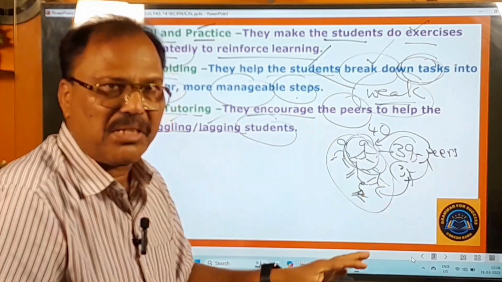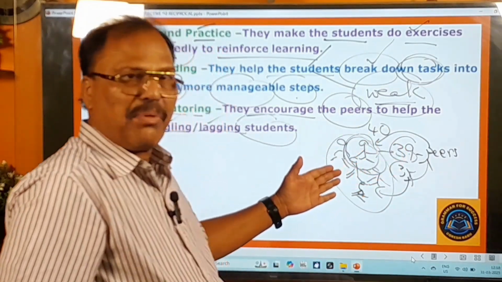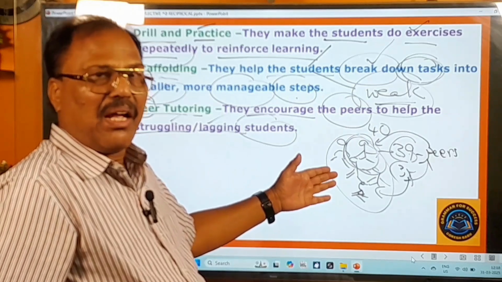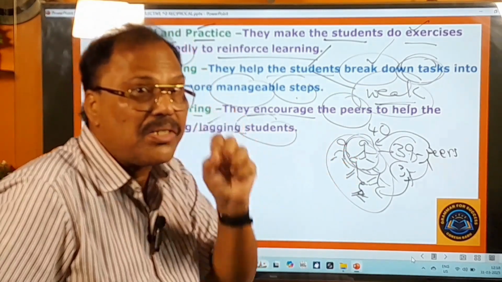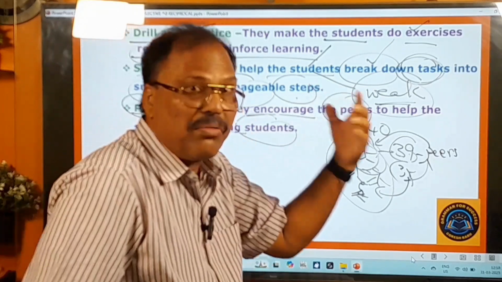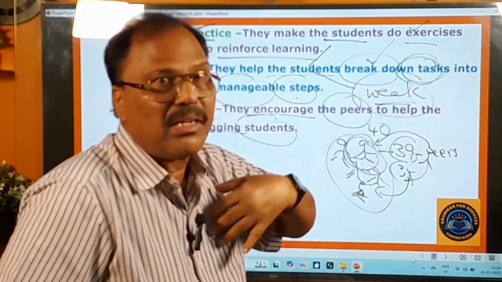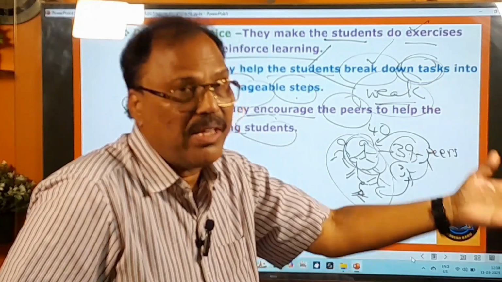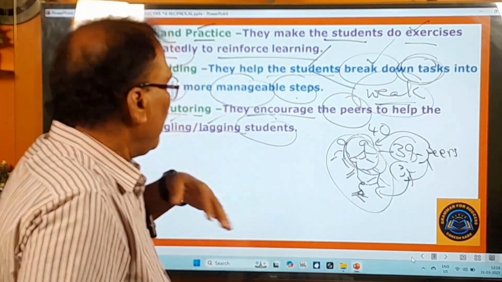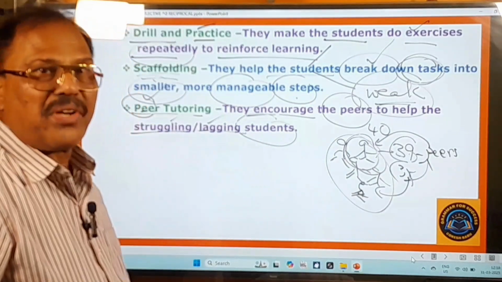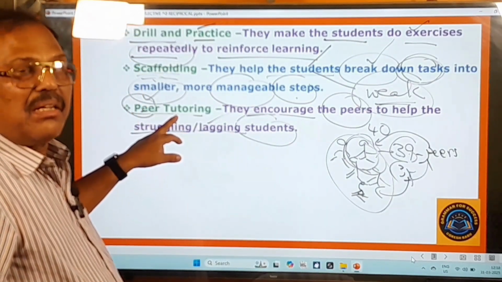So these remaining students will help the weak students, and in that way the weak students can easily understand things from their classmates. Okay, that is very easy. From the teacher they may not understand, but from their classmates, they can easily understand. So that's why this is yet another important strategy which the teachers adopt in this remedial teaching approach.